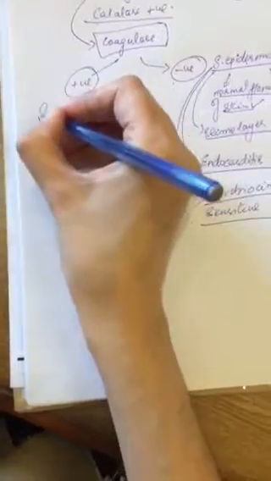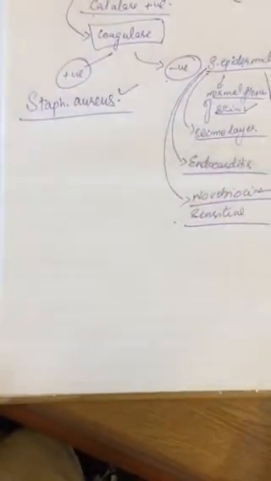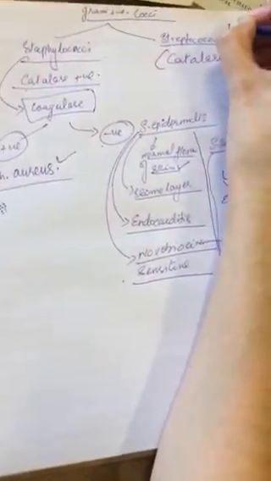Now we come to the Staph aureus. Now very few important points about the Staph aureus which you should always write in your written exam if you are asked to write its lab diagnosis. The Staph aureus is a gram-positive coccus. They are always in the form of grape-like clusters, while the streptococci are always in the form of chains.